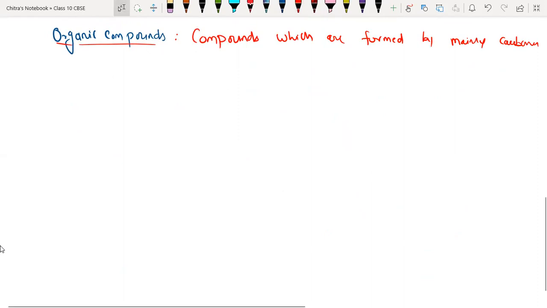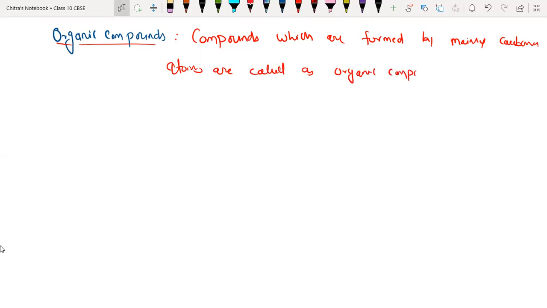So compounds which are formed by mainly carbon atoms are called organic compounds.